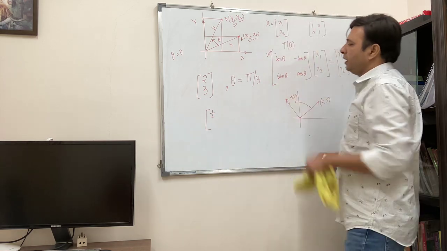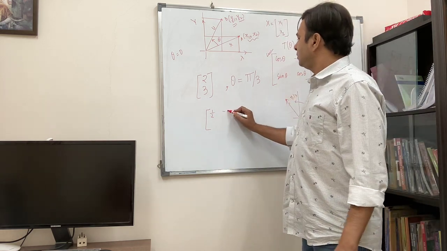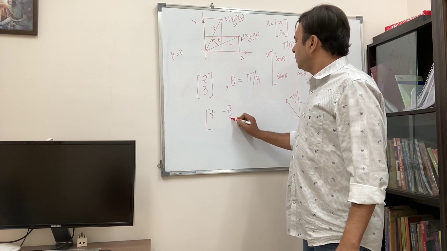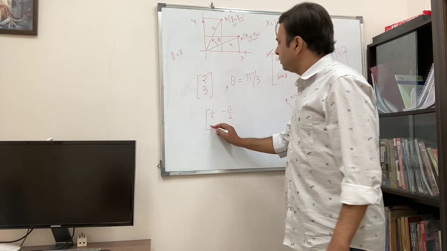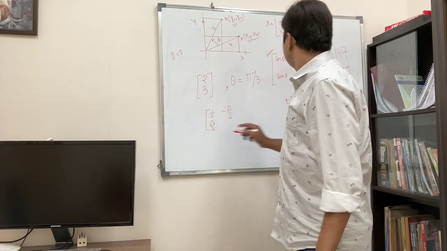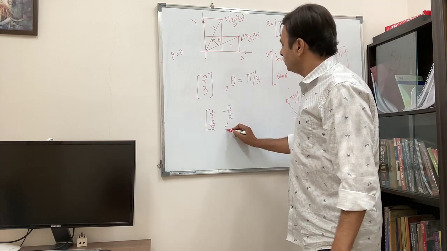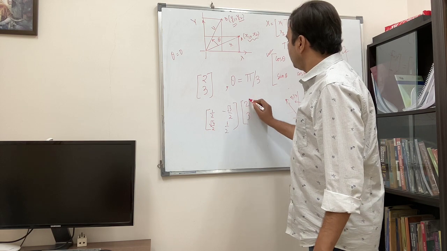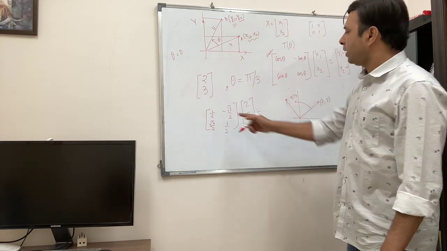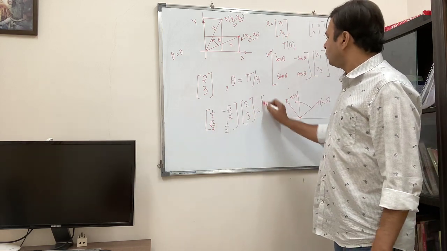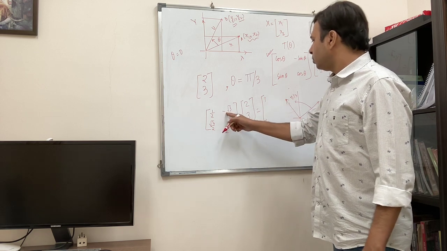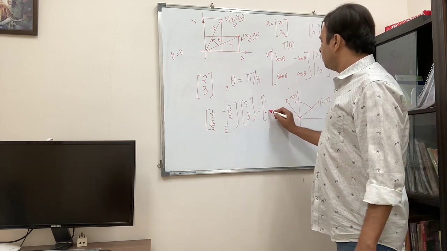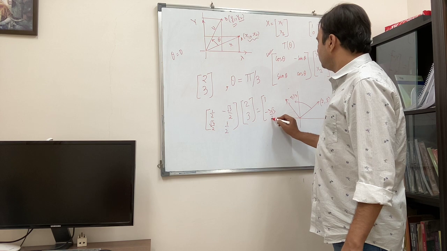Sin pi by 3, square root 3 over 2. So now if I multiply 2, 3 with this, I'll get my new vector, which is 1 by 2 into 2, that is 1, minus root 3 by 2 into 3, so minus 3 root 3 by 2.